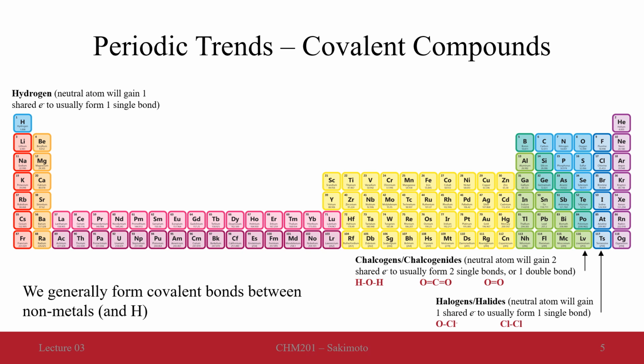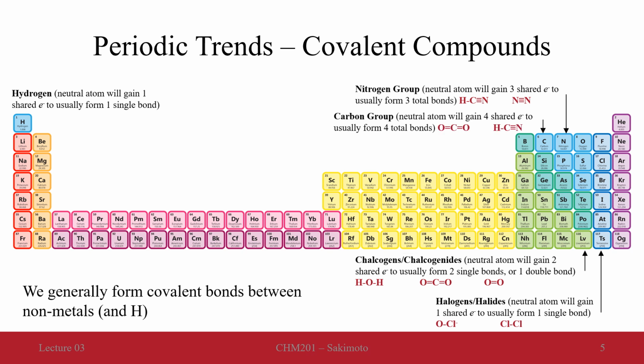Might be 2 bonds to the same oxygen, might be 2 bonds to different atoms, but a net total of 2 bonds to get its full set of 8 shared electrons. Our nitrogen group, also called the pnictogens or pnictides, will want to have a set of 3 bonds, as we saw with N2 gas, a triple bond between those 2 nitrogens. And carbon will tend to want to form 4 bonds in total.